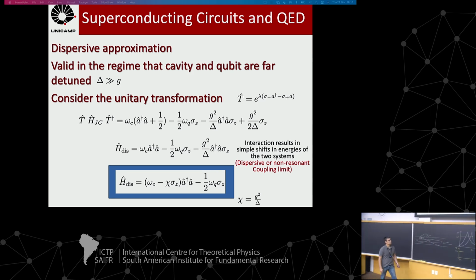I start to send photons to the qubit, and I'm looking at this point here. When the frequency I'm sending to the qubit hits 5 gigahertz, that's the energy of the qubit, what happens? The cavity shifts here. Then I'm going to see the transmission through the cavity changing to this value, for example, 0.5. When I arrive here, I start to see it.